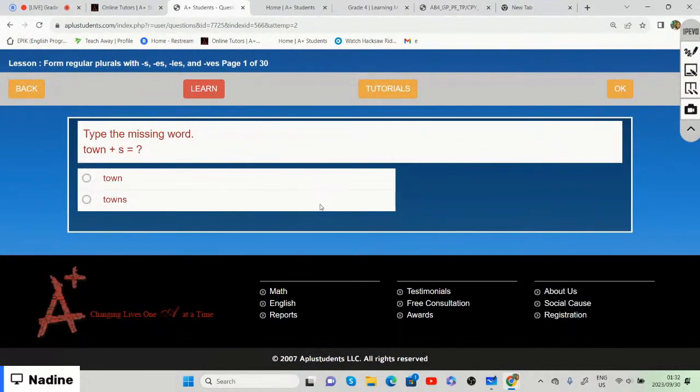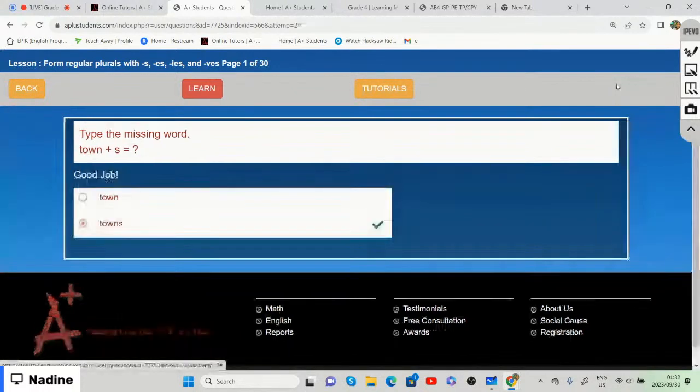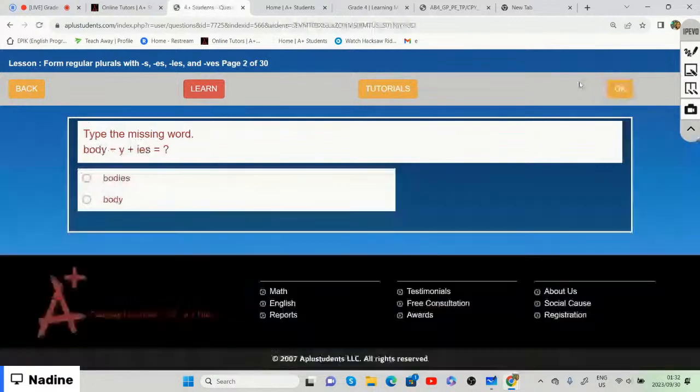If I add an s to the word town, is it towns or is it just town? All right, so then we will say towns, because it shows plural, more than one.